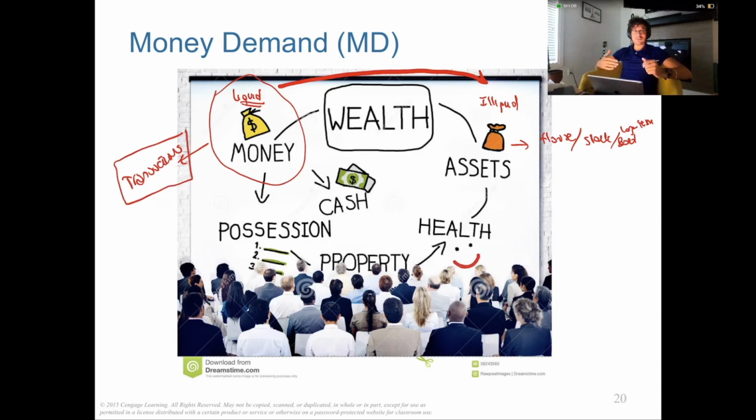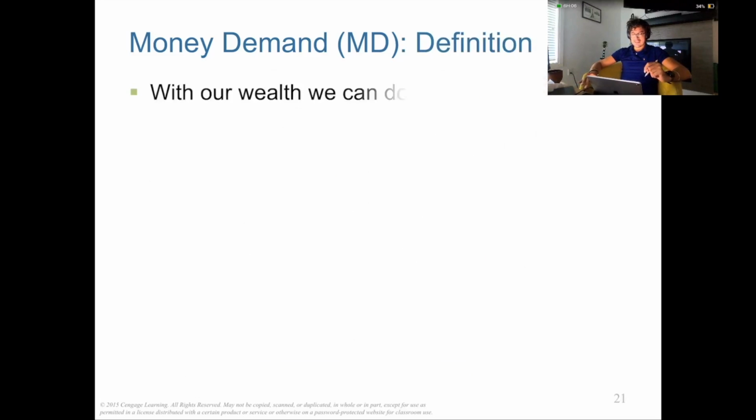Okay? So in order to understand money demand and what the determinants of money demand are, we're going to try to understand what is the cost of keeping your wealth in liquid assets. So what is the money demand? With our wealth, we can do two things.